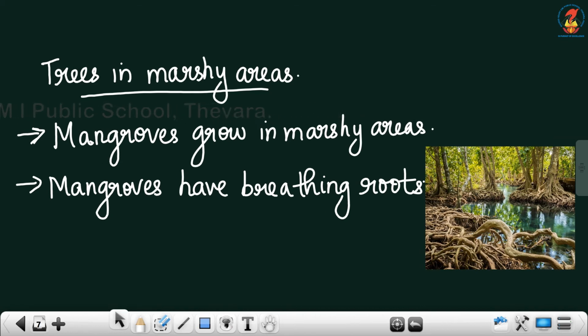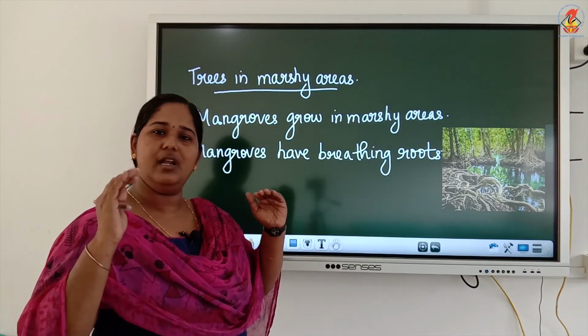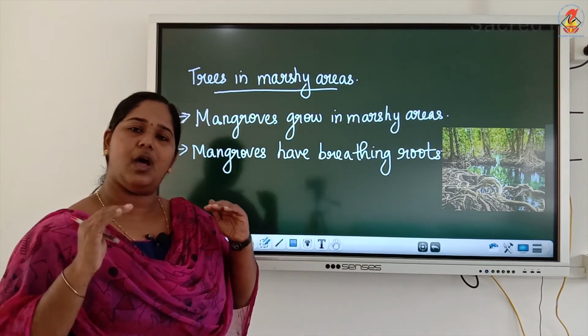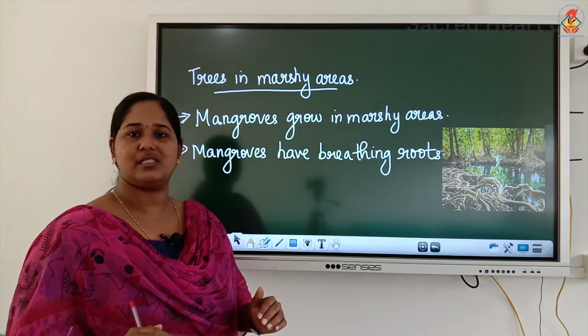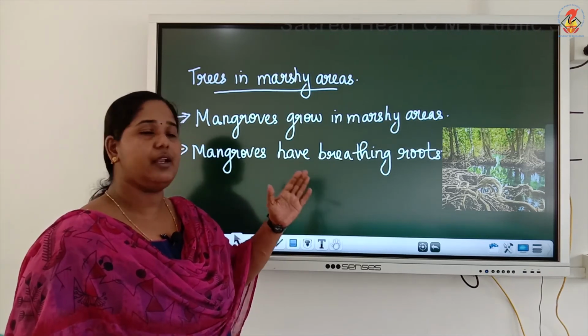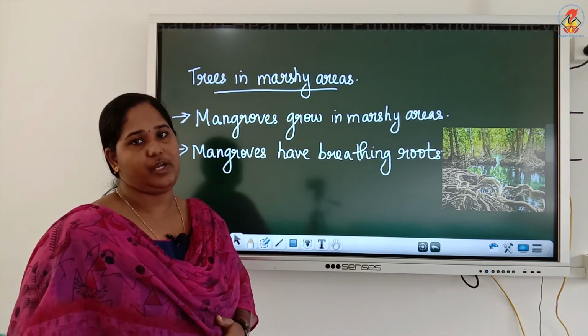There will always be a lot of water content, just like a small stream or a small water body. That is a waterlogged area. Actually, it is not a pond or lake or anything like that. The water remains in the soil. It will not be absorbed. So, breathing roots are there for mangroves. As they have to breathe, the roots come out of the soil.